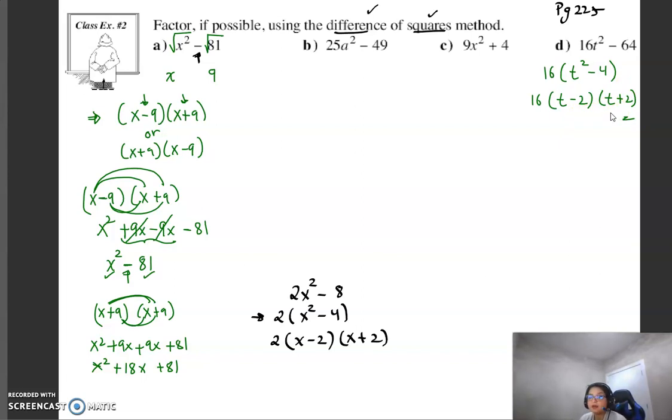And that's right, you can. So let's see what would happen if you weren't to do any GCF and went straight into difference of squares. You will get 4t minus 8 and 4t plus 8. The problem here is that it's not fully factored. So now what you have to do is take a GCF out of both these factors.